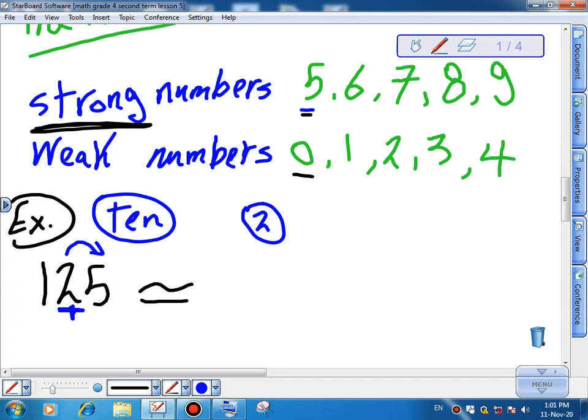Just add 1. 2 will be 3. Okay? What else? First, we increase the 10th place by 1. And 5, the strong number, is replaced by 0. And the other digit, which is 1, will never change. Again, we have only 2 steps.